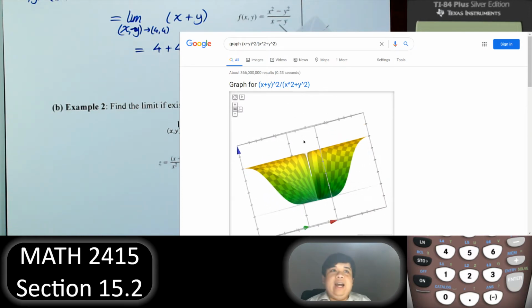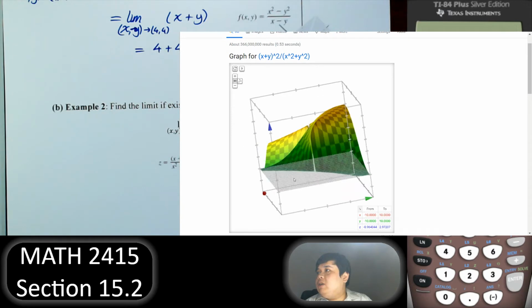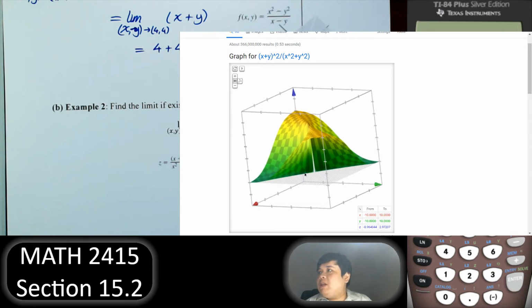Right, now you see, let me go back here, okay, like this. So we have the x-axis, this, the y-axis, this, and the z-axis, the vertical axis. As you see, if we look on the top here, if we go along that line, the limit is different. But if we go along this line, the limit is different.